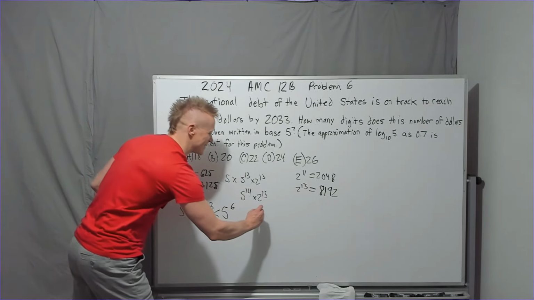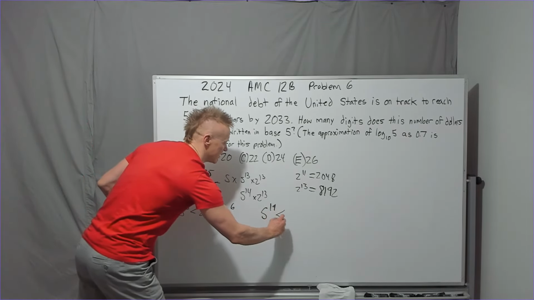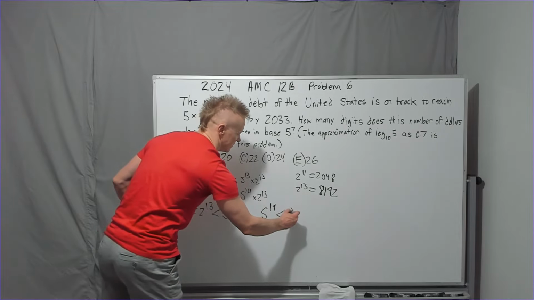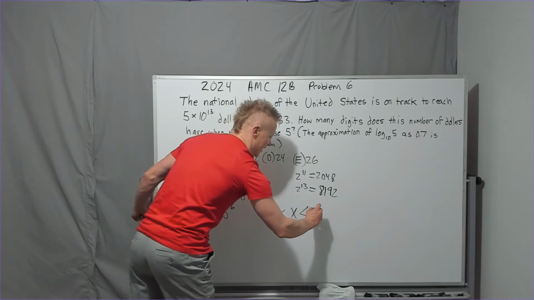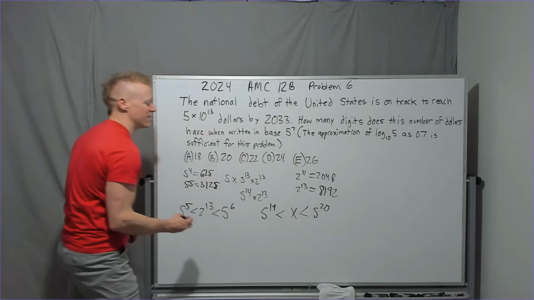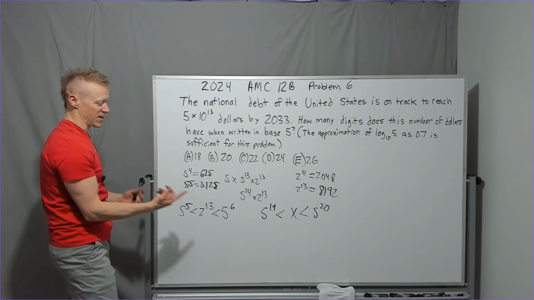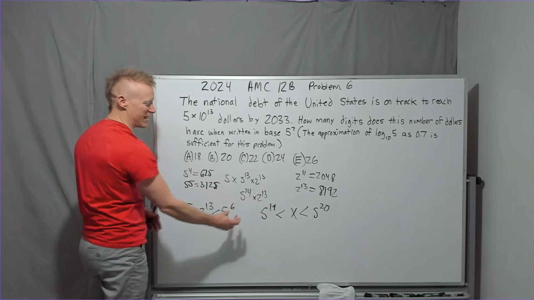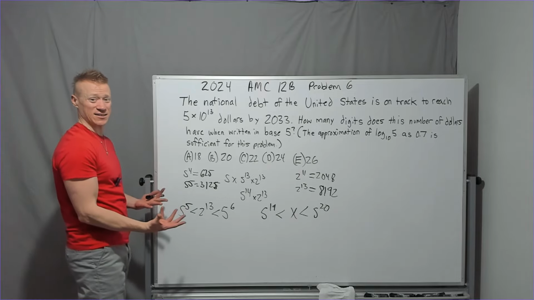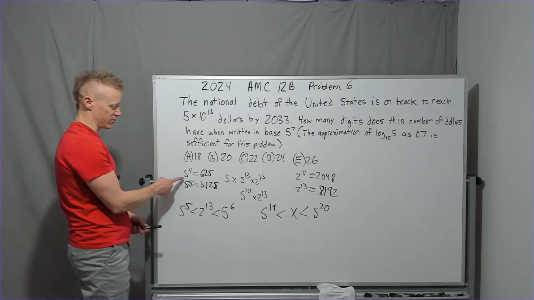This number is at least 5 to the 19th. I'm just going to call it x, and less than 5 to the 20th. To get to 5 to the 20th, I would need this to be at least 5 to the 6th, and it's not, right? We proved that here.